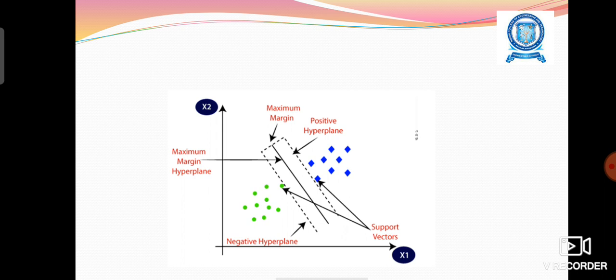One parallel line may be taken as a positive hyperplane, and on the left side another can be taken as the negative hyperplane. The positive and negative hyperplanes are used for evaluating how accurate our maximum margin hyperplane is.